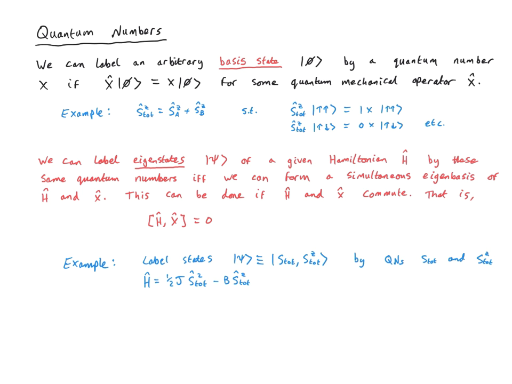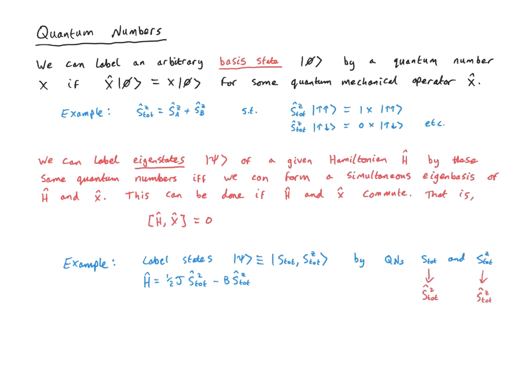As a concrete example used already in this lecture, let's say that we have some states psi labelled by the quantum numbers s total and s total z. These have corresponding operators, which are s total squared and s total z.